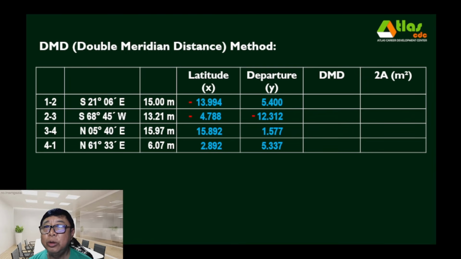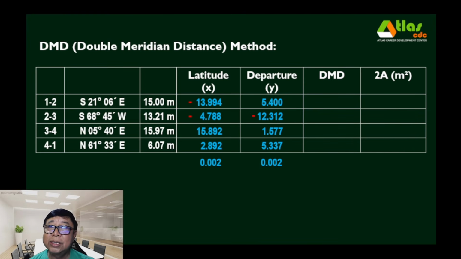Now to check whether your values for the latitude and the departure are correct, you have to sum up all these values, this one and also this one. If you sum these, it should be equal to 0 or almost 0. So let us see. We add all of these values. The value that you will arrive at will be 0.002.